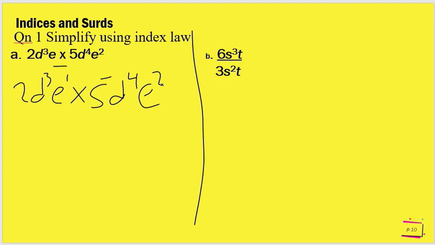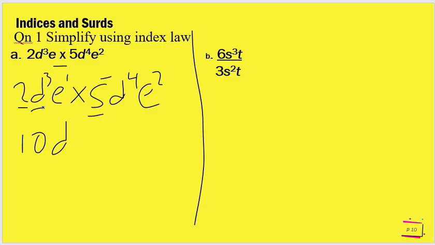Now here you first of all multiply the coefficients. 2 by 5, that is 10. Then we will have d and e. Consider the powers of d.